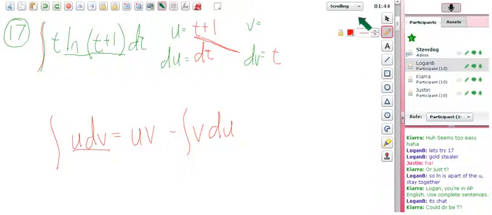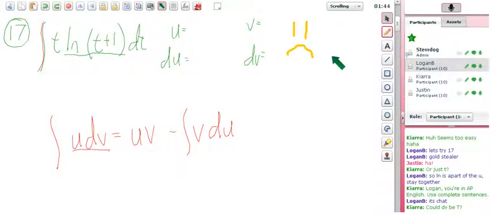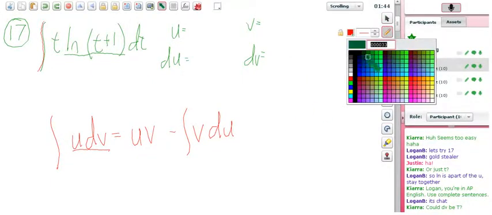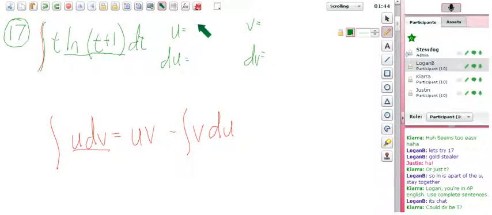Why don't I just show you what I would do, and I'll keep this bottom red formula over here. If we let u be equal to the natural log of t plus 1, then what would the derivative of that be?